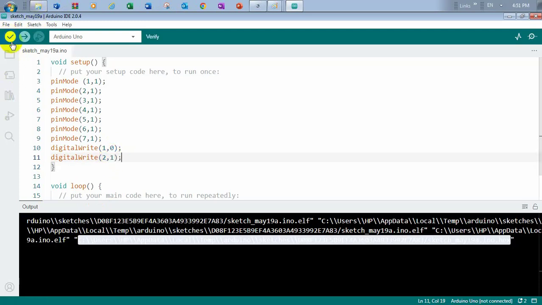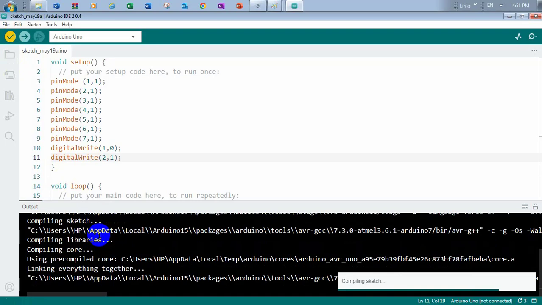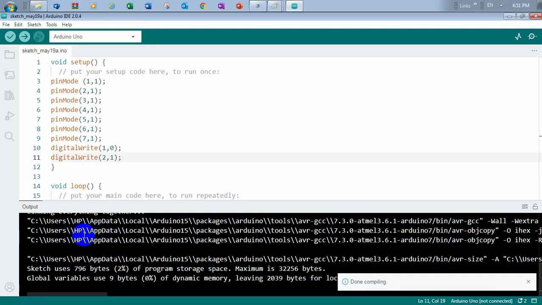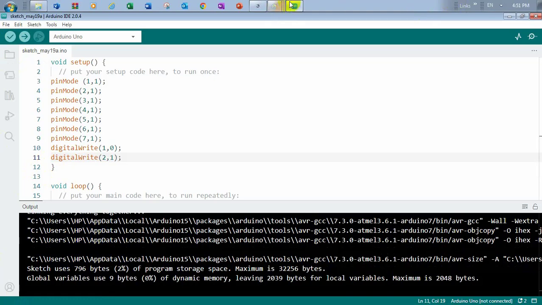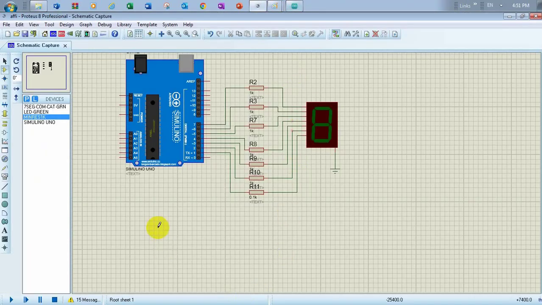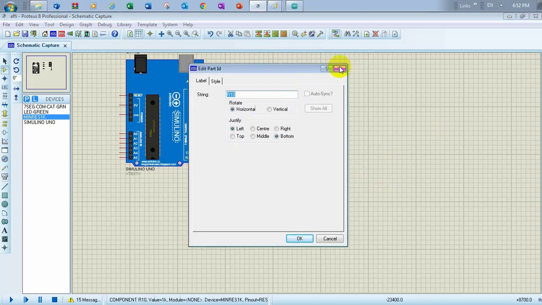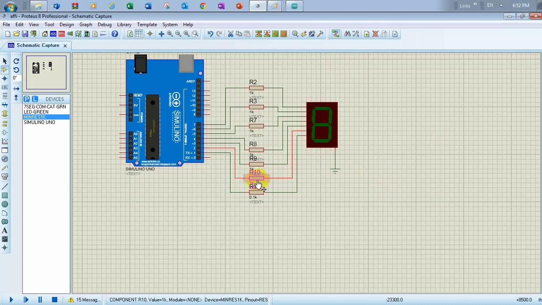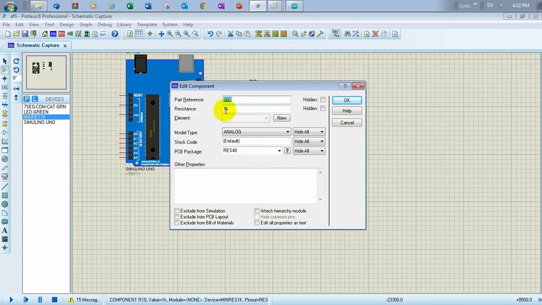So we go to process and we do this for the resistance value here, 0.1 kilo ohm, that means 100 ohm.